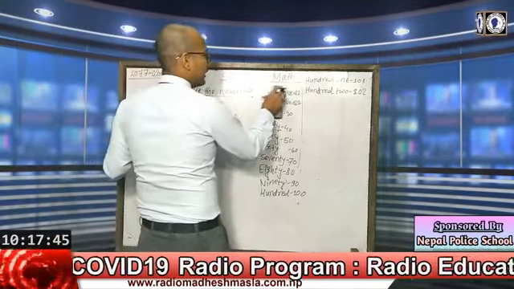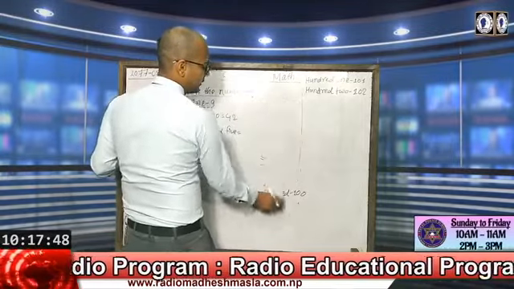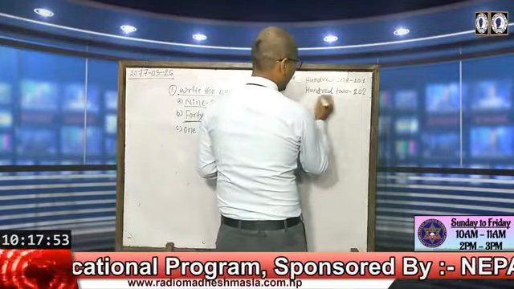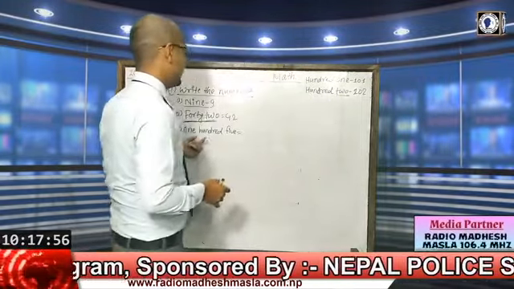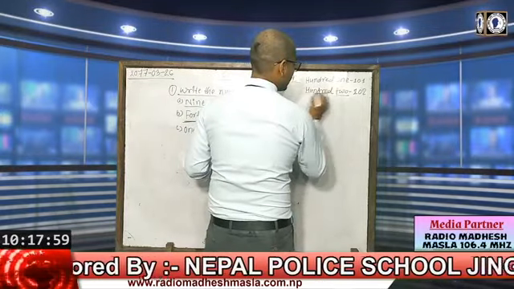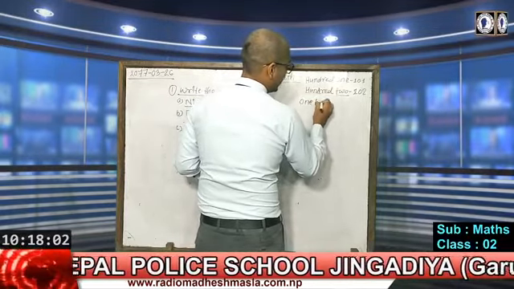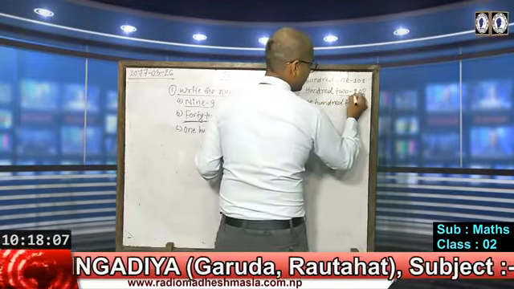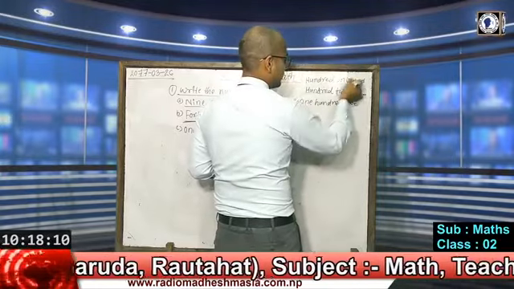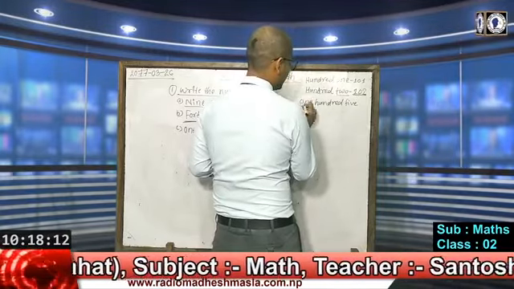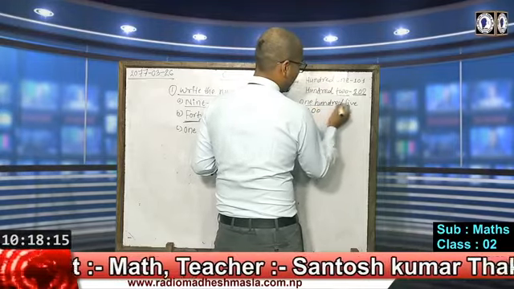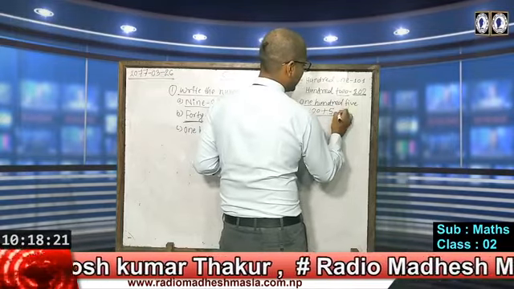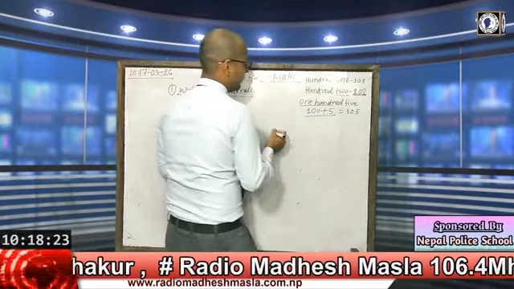In the same way, as I have told you, when we add any number with 100, suppose 100 means 100 and 5 means 5, it means 100 plus 5. Then after adding, we will get 105.